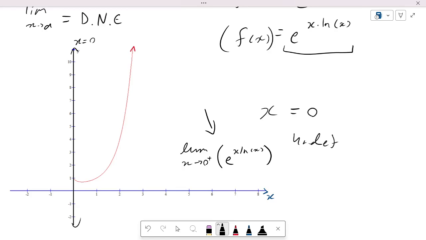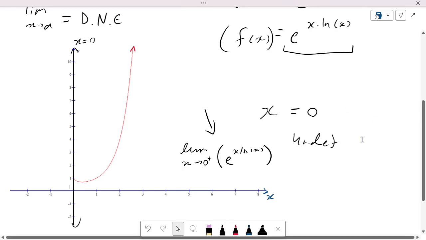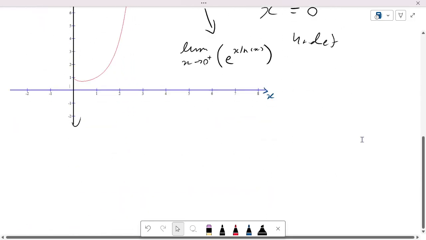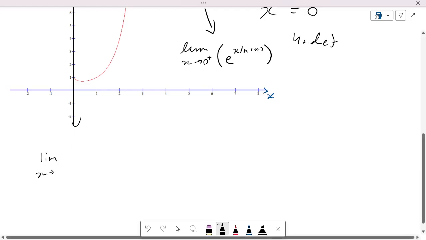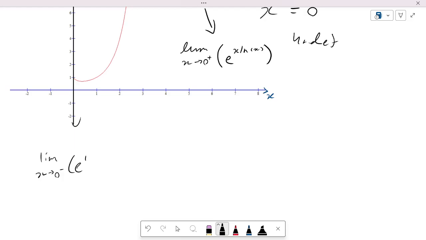So, yes, what we are seeing is that because we don't have anything from the left-hand side, we can say that therefore the limit as x approaches 0 from the left-hand side of e to the power of x times ln x is going to be equal to undefined.